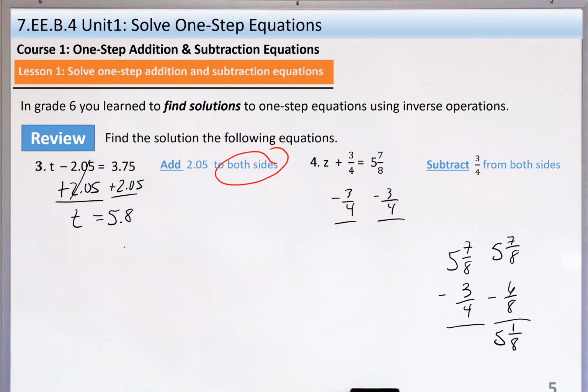That's actually my least common denominator. So 3/4 times 2 times 2 gives me 6/8. So now I have 5 and 7/8 minus 6/8, which is 5 and 1/8. So my answer is z is 5 and 1/8, meaning 5 and 1/8 is the number I replace z with to make my equation true. It's my solution.